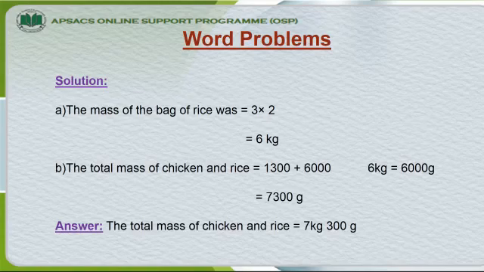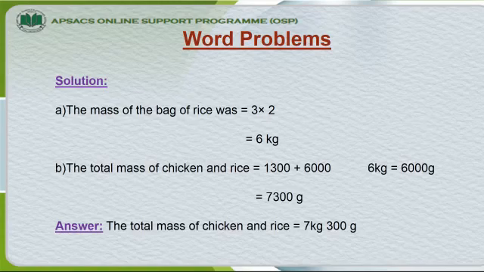So we are going to convert 6 kg into grams. Now, we know that 6 kg is equal to 6000 grams. So we add 1300 plus 6000 and it becomes 7300 grams.